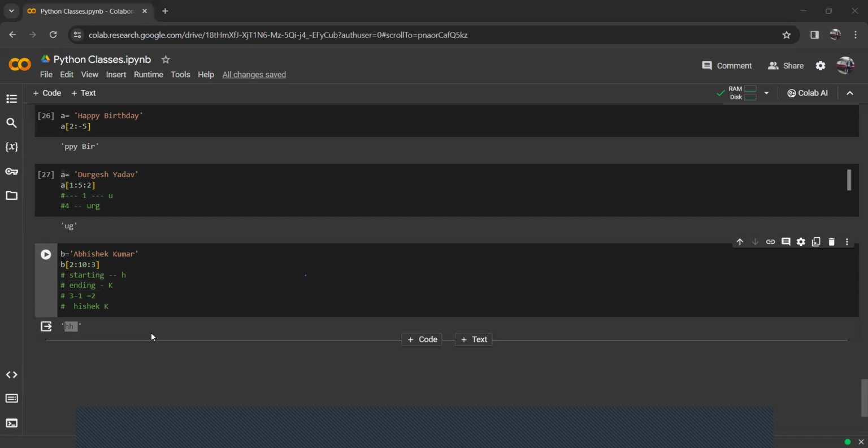So I have a doubt. Instead of giving the value 3, if we give minus something, what will happen? Like minus 3. Let's check. If we give minus 2, or minus 3, you cannot skip in a negative form.